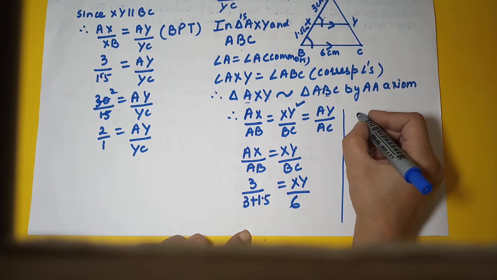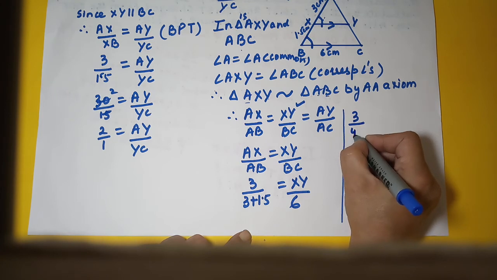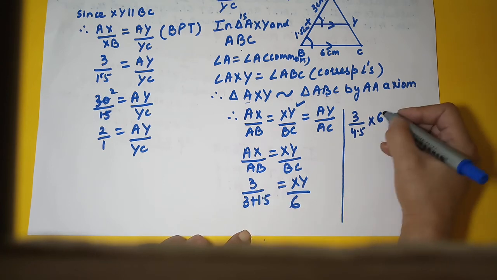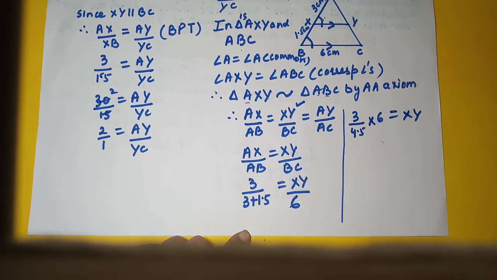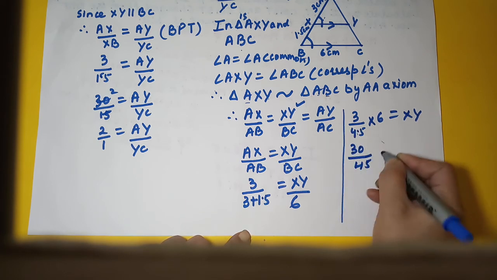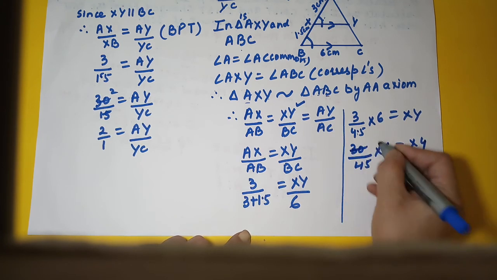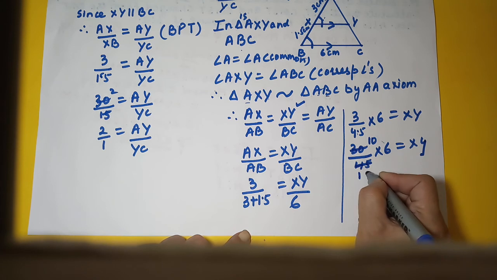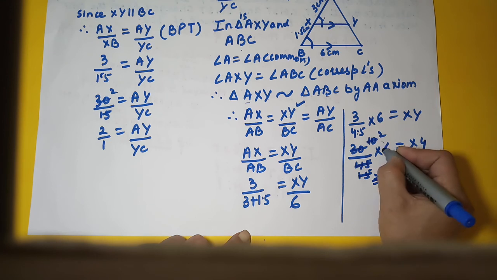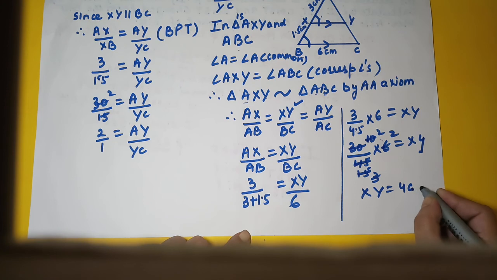Now I can cross multiply, or I will write it like this: 3 upon 4.5 into 6 is equal to my XY, right? So the decimal will go, it will be 30 upon 45 into 6 is equal to XY. So 3 10s are 30, 3 15s are 45, 3 5s are 15, 5 2s are 10, 5 3s are 15, so 3 2s are 6. So your XY is equal to 4 centimeters, right?